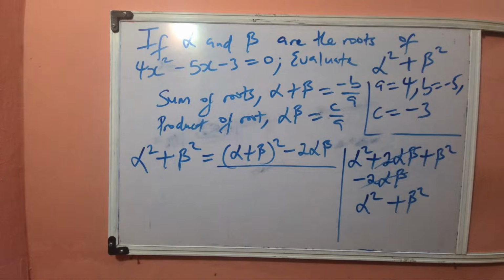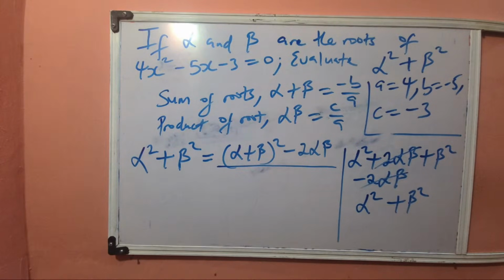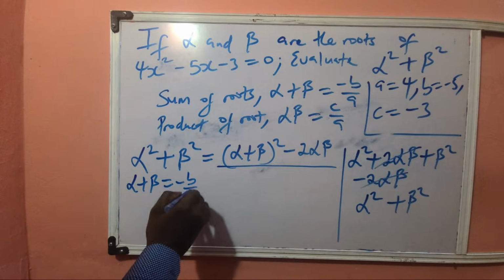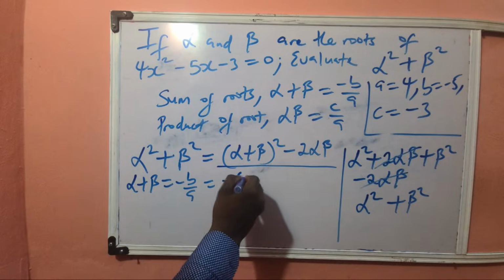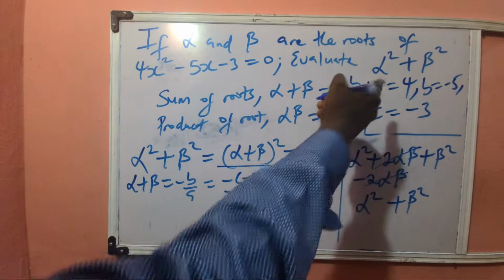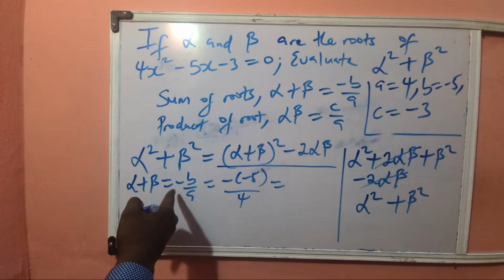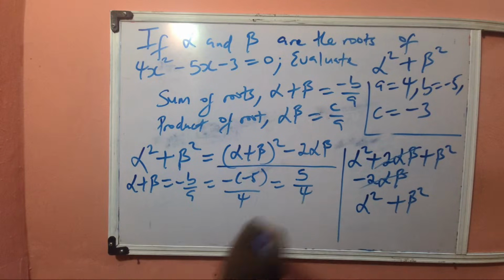Now, from what I wrote here, alpha plus beta, we said it is minus b over a. So alpha plus beta is minus b over a, right? Our b was what? Minus 5. That's minus of minus 5 over what was our a? 4. So our alpha plus beta, which is minus b over a, gives us 5 over 4.